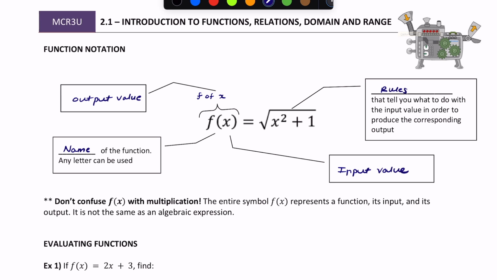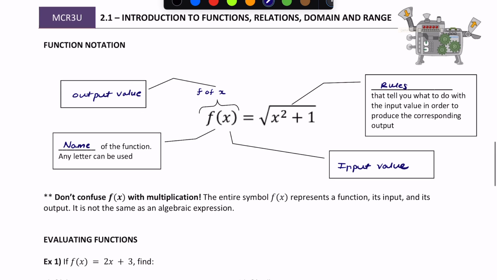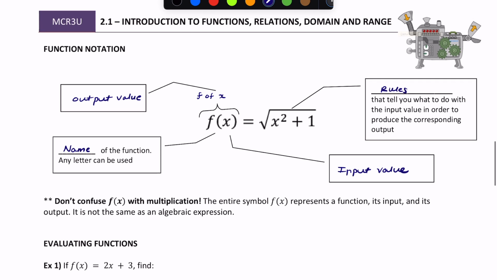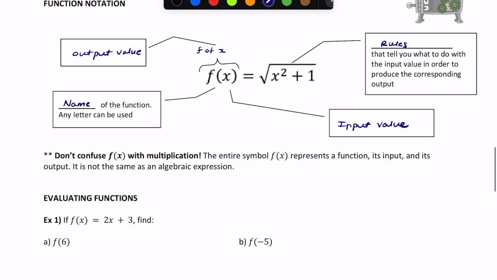So here, how we would say this is f of x is equal to the square root of x squared plus 1. And so it's a function in terms of x.